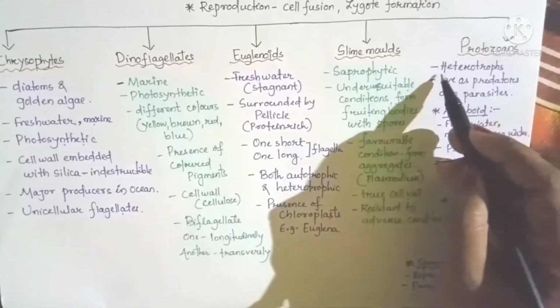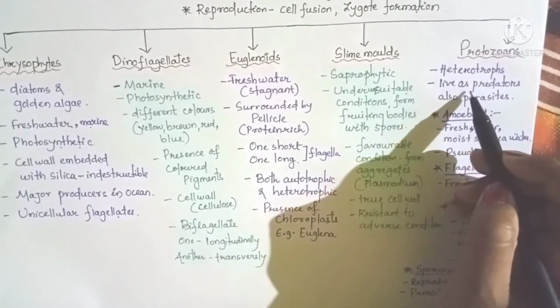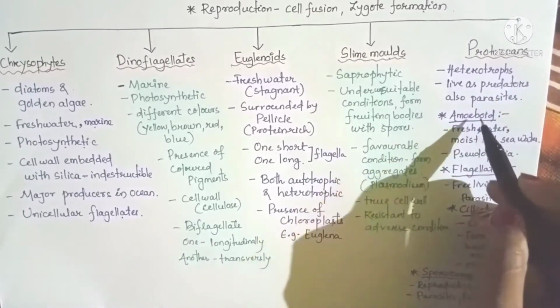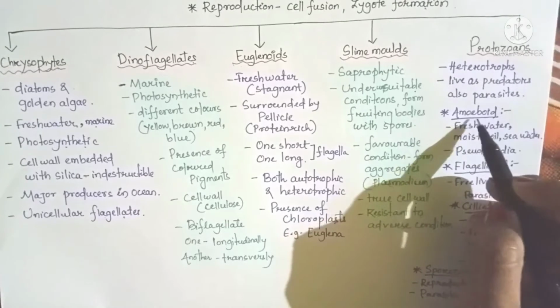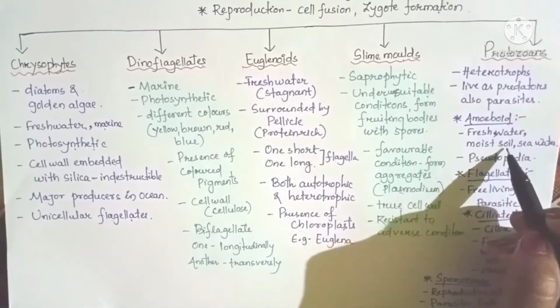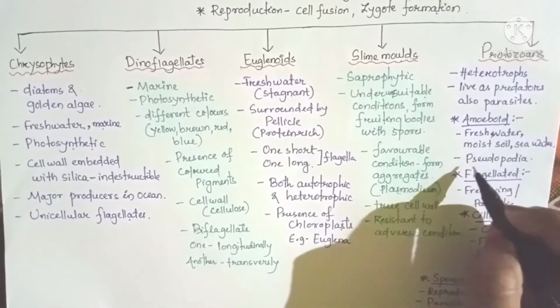Protozoans. They are heterotrophs. They live both as predators as well as parasites. Protozoans have four categories. First one is amoeboid protozoans. They are freshwater, moist soil and seawater animals.